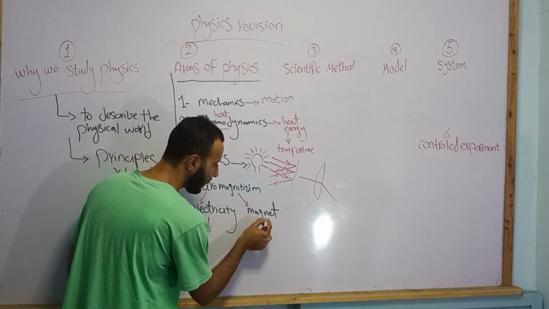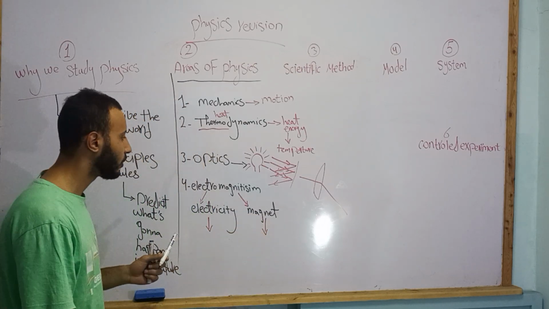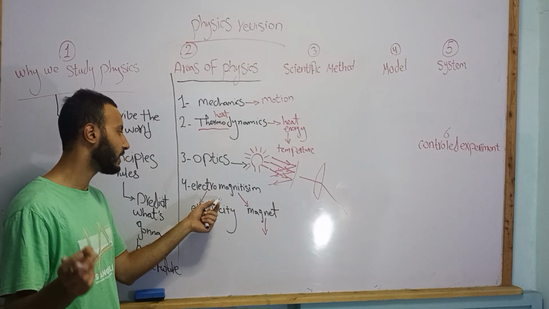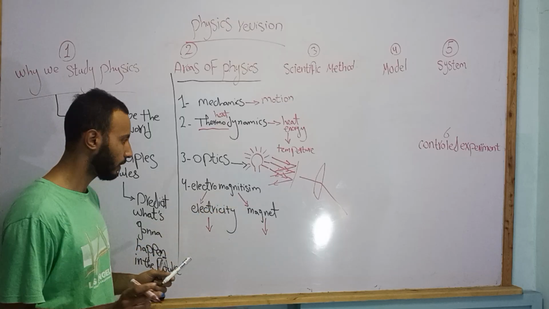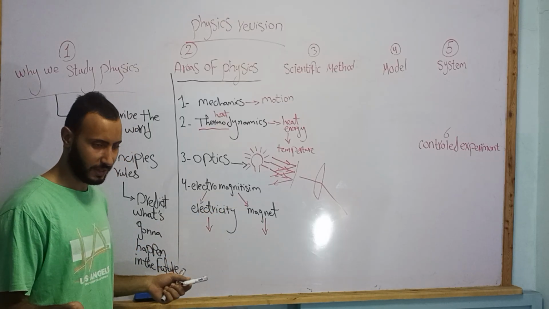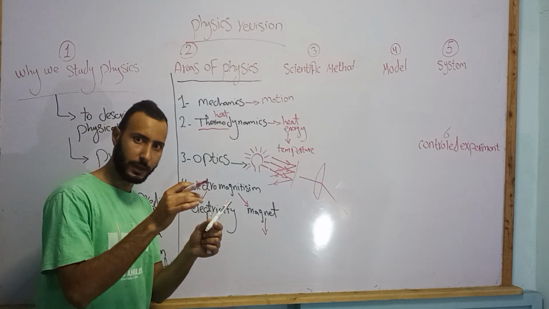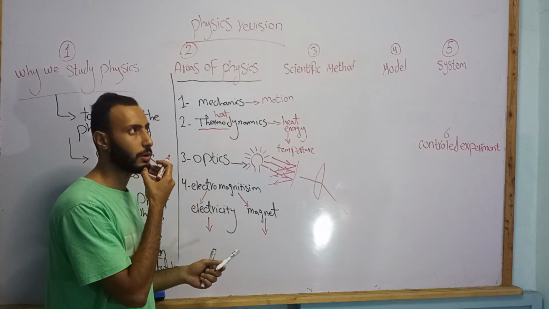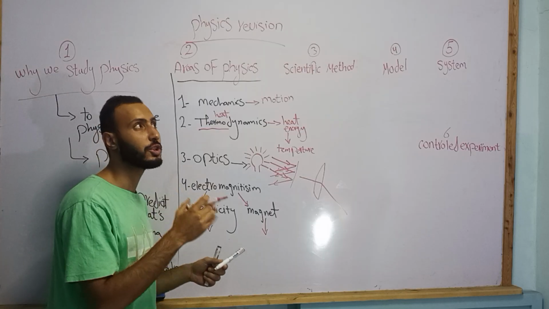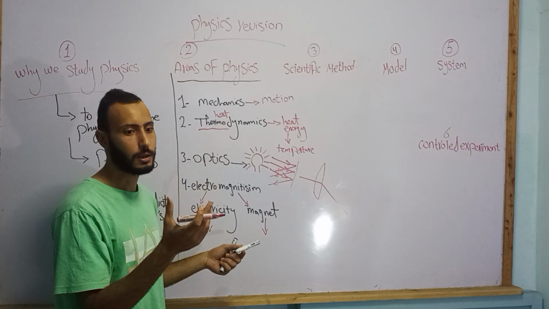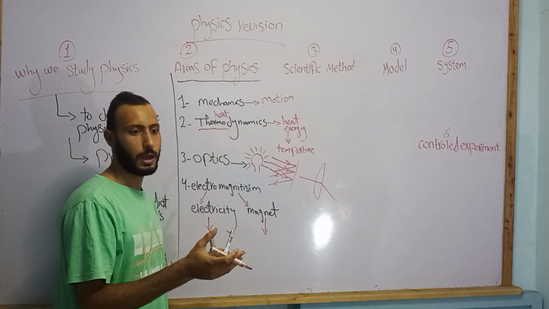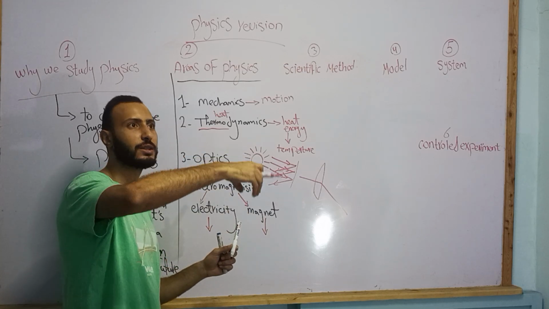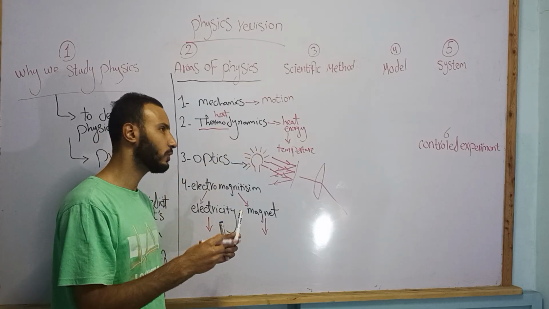And any other thing that contains magnets, we say it's also associated to the branch called electromagnetism. Something that contains a magnet, like a stereo. If you open any stereo, you will find a magnet inside. Or if you would like to generate electricity, you can use a magnet. Or if you would like to make electric winches, these electric winches use an electric magnet.